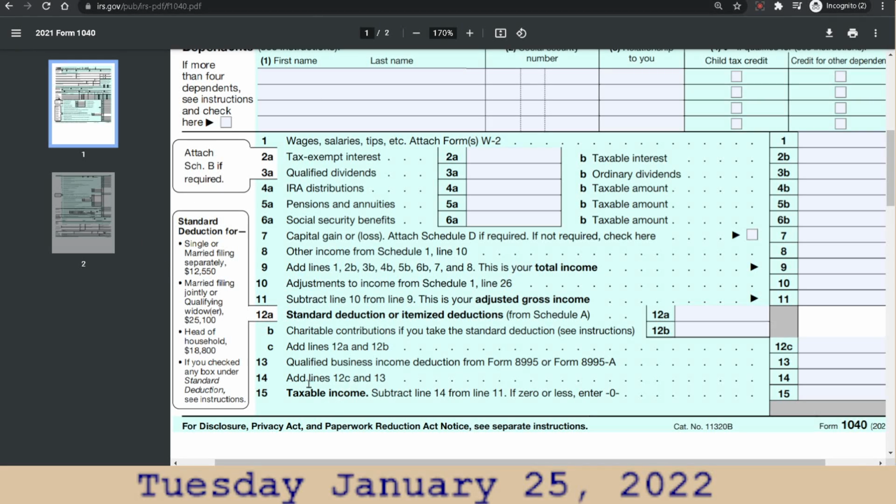Let me see. Where does tip income go here? Other gains, I guess I have to say here, add line on the total income. Yeah, that's what it looks like. Line 10, Schedule 1.